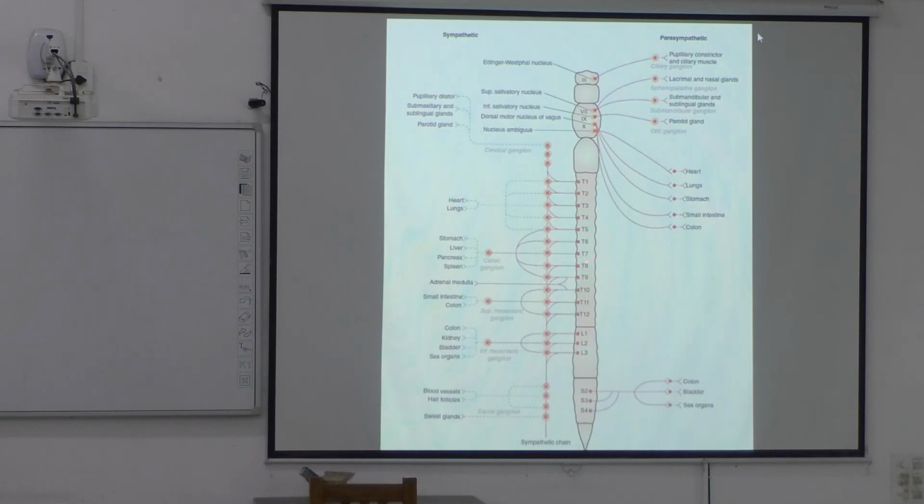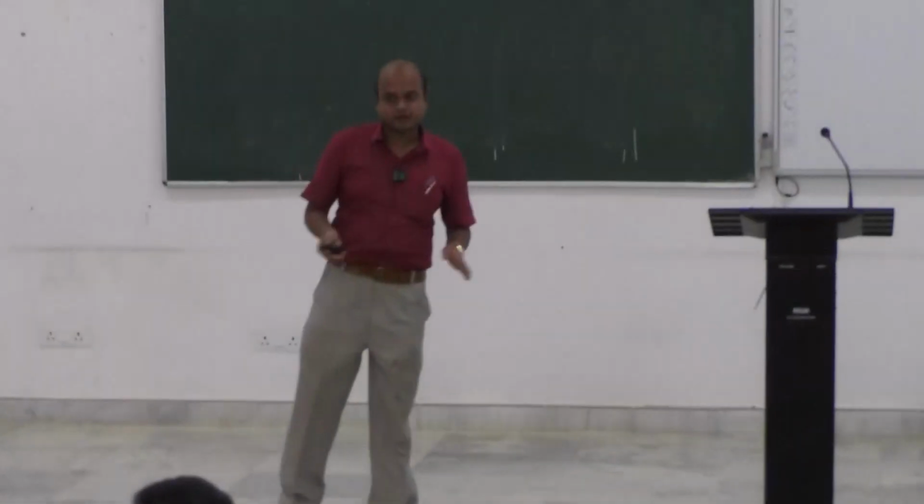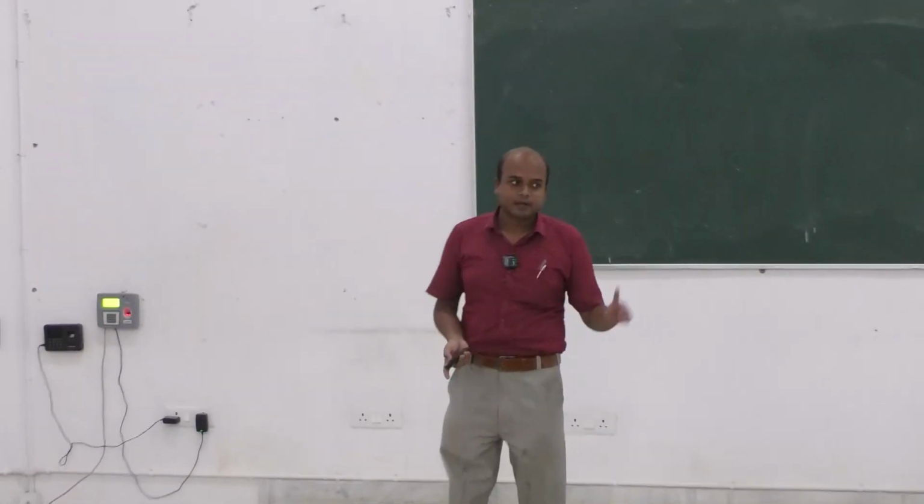Some preganglionic neurons are crossing over through the paravertebral ganglion to the prevertebral ganglion. Prevertebral ganglia are named according to, see the names, go back to your knowledge of anatomy of the abdomen. These are all large arteries, celiac trunk, superior mesenteric artery, and they are named according to those.